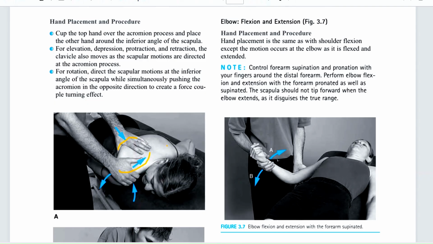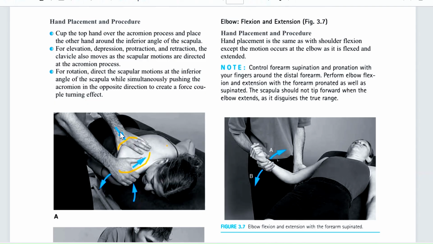As you know how the scapula moves in these motions, you have to do it yourself instead of asking the patient to perform those movements. You have to perform these movements specifically on the scapula, like this, okay?